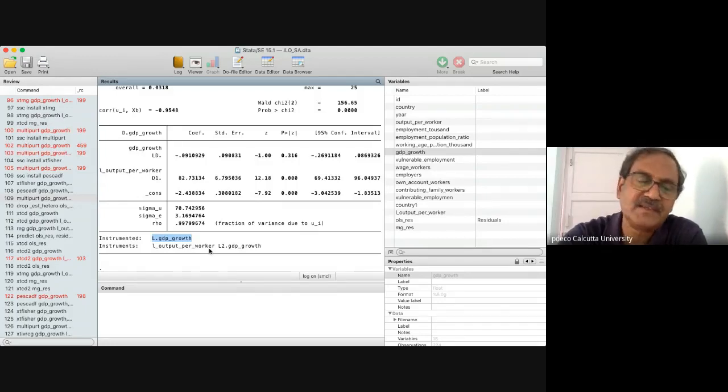Outside variables means the variable we are not using in the model. What is that variable? Variable is YT minus 2. So we have taken YT minus 2 in place of YT minus 1 along with XT, under the assumption that XT is exogenous purely.